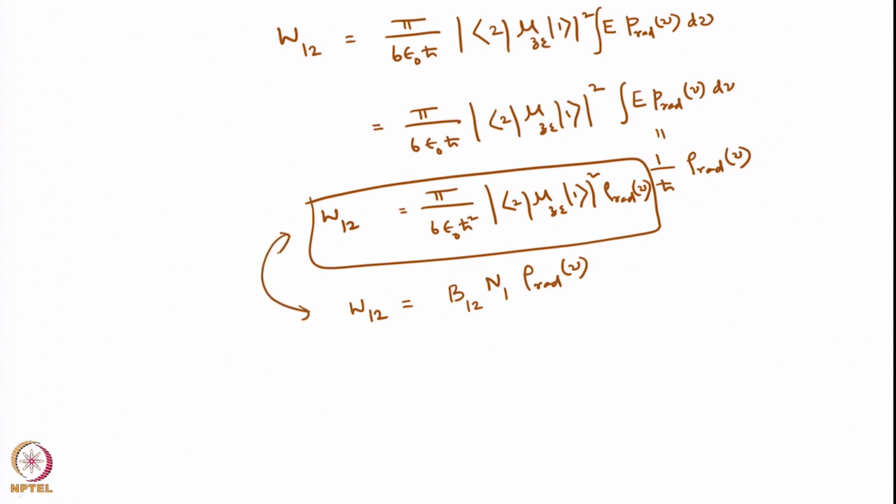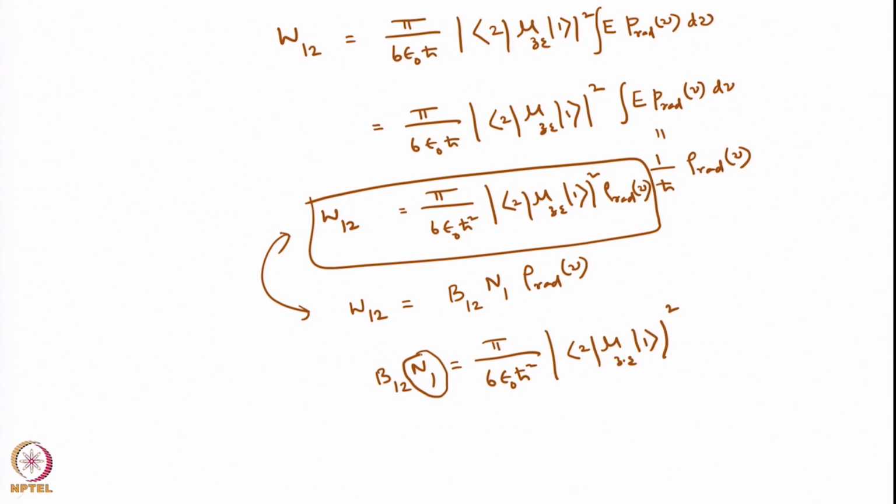Then B12 N1 equals pi by 6 epsilon naught h bar square, mu z epsilon 1 whole square. But there is a problem in this equation. I do not know what this N1 is.